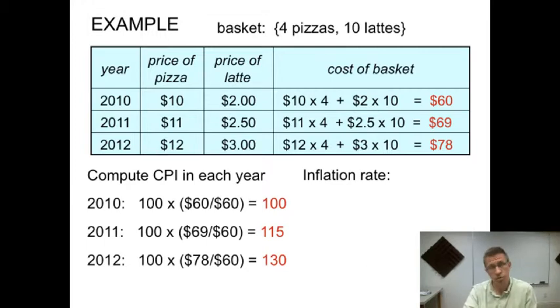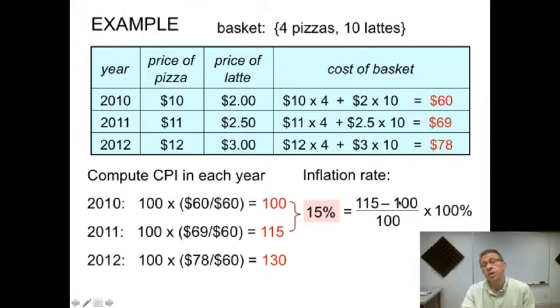Okay, so let's work through these together. To calculate the inflation rate, you take the CPI in the current period minus the CPI in the previous period, divided by the CPI in the previous period, multiply by 100%. So 115 minus 100 divided by 100, 0.15 times 100%, we're dealing with a 15% inflation rate.